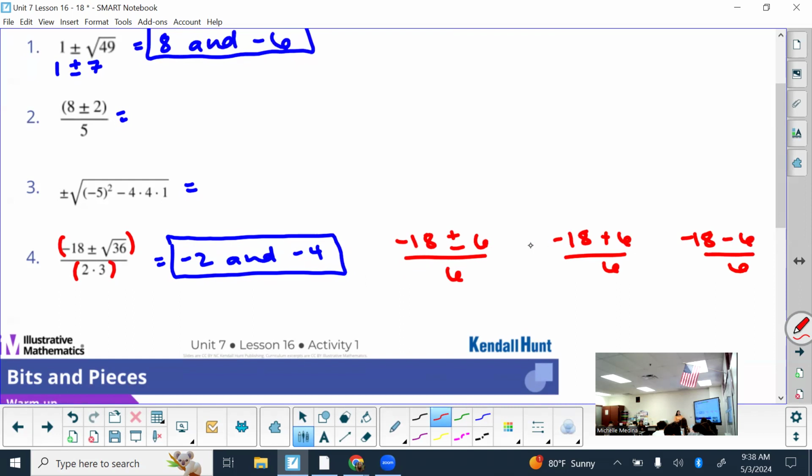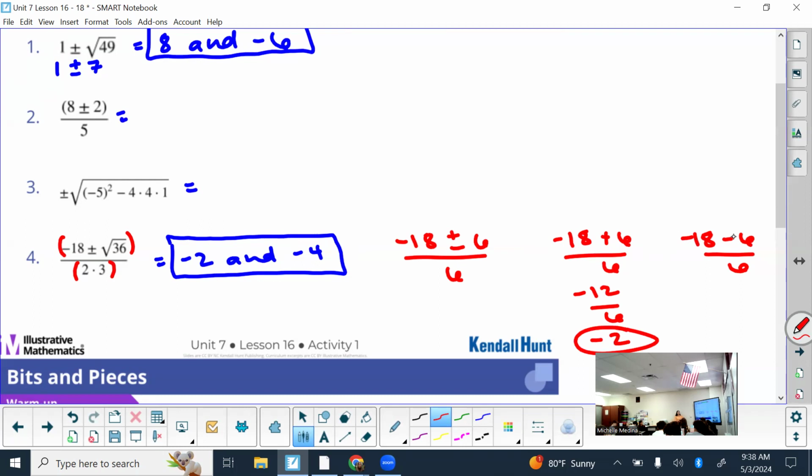So separating it into the 2 separate problems. -18 plus 6 is -12, or did I hear it wrong? -12 over 6, which then becomes -2, so that is correct there.